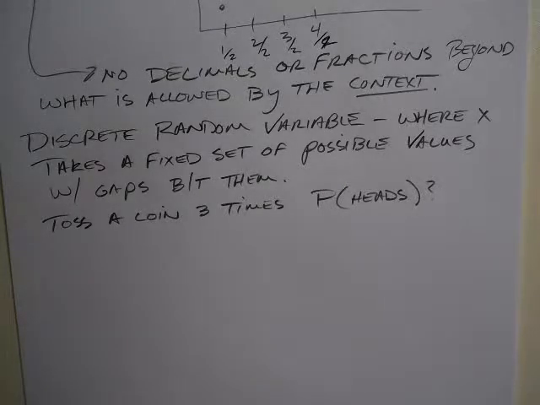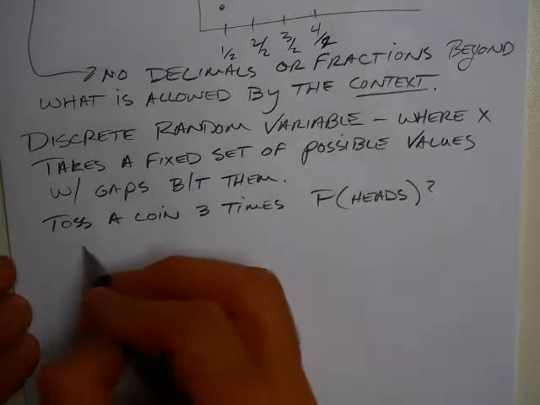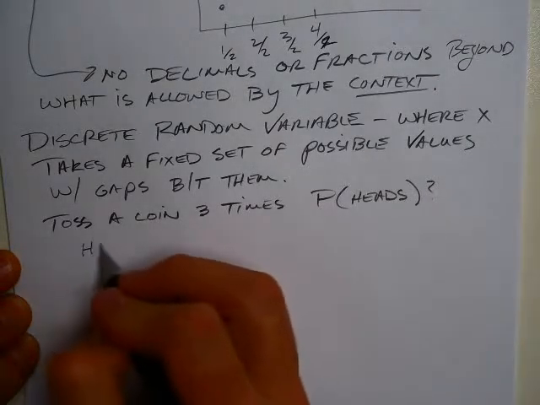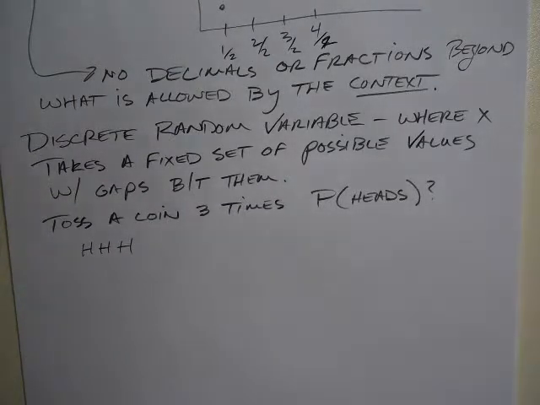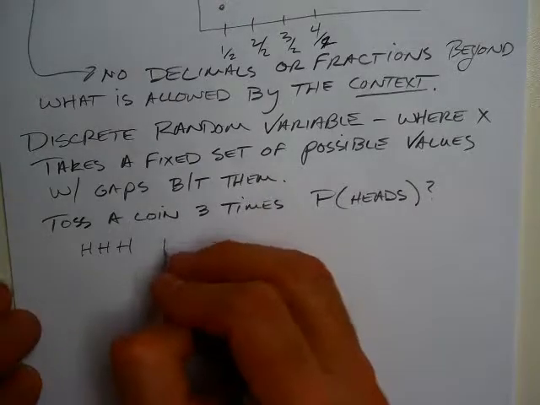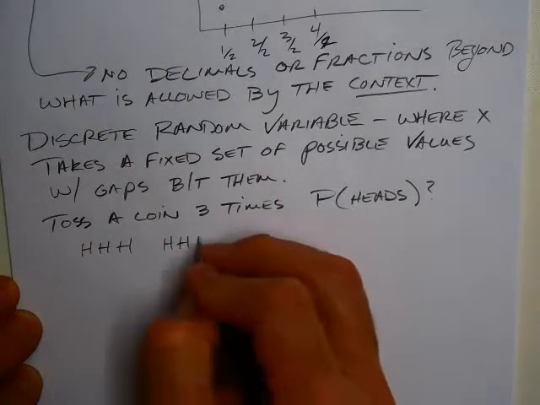So if I toss a coin 3 times, I could get 3 heads in a row, right? So a possibility would be head, head, head. Or maybe I get 2 heads. Maybe I could get a head, head, and a tail.